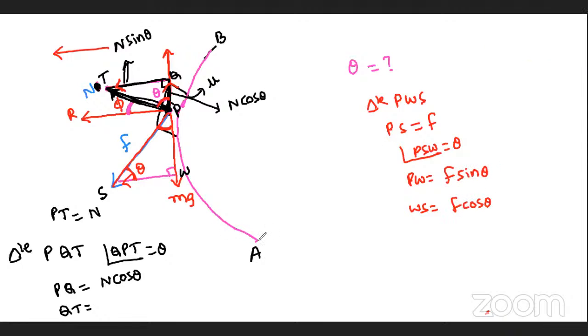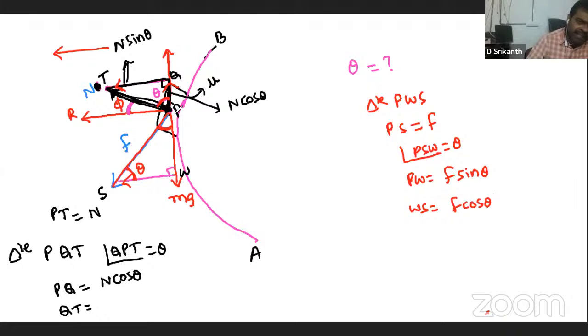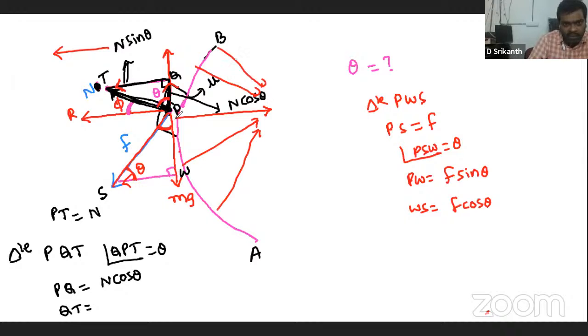Now, see here, whenever an object is moving on a semicircular path, a centripetal force will act towards the center like this. So, suppose here we are having the centripetal force.